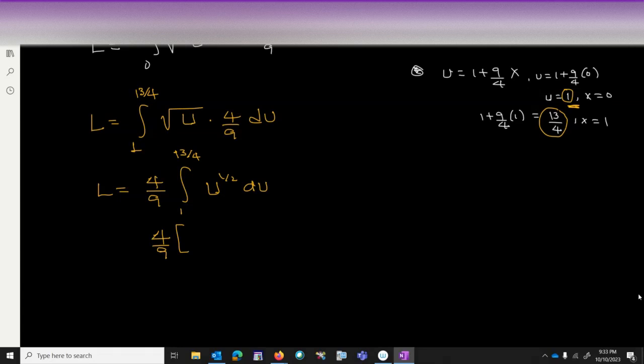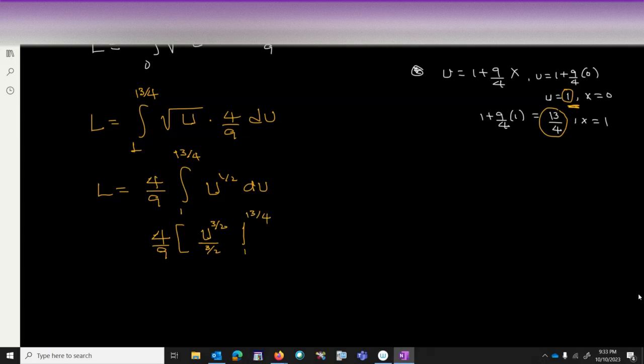The integral of u to the power of half is going to be, you add 1: 1 plus 1 over 2 is equal to 3 over 2, and then you divide by that 3 over 2. So this is going to be u to the power of 3 over 2 over 3 over 2, from 1 to 13 over 4.